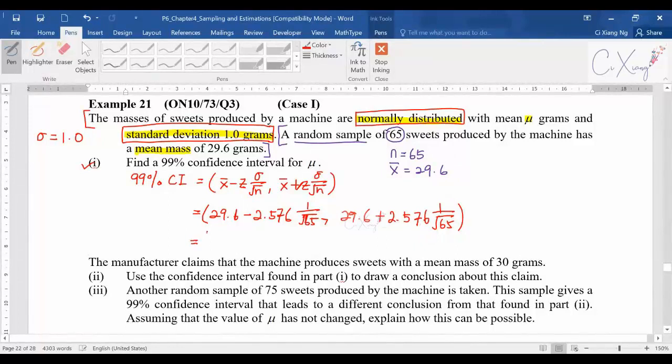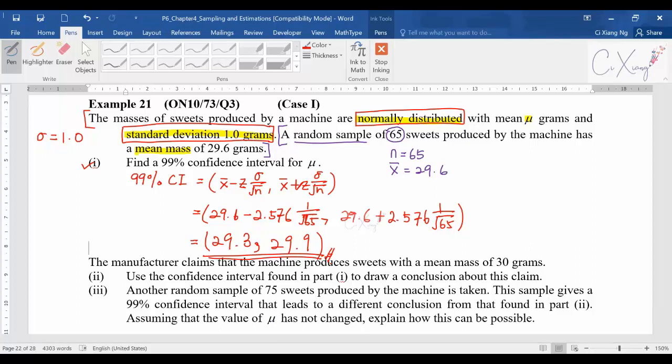Again, I will press the calculator and get everything to three significant figures. Then I will get 29.3 and also 29.9. So this is your confidence interval. If someone asks you what is the meaning of this confidence interval, 29.3 and 29.9, that means they expect that the value of the mean lies between these two values, 29.3 until 29.9.